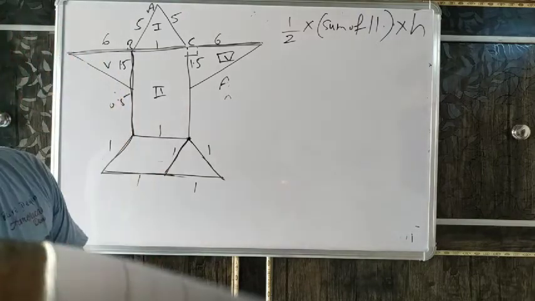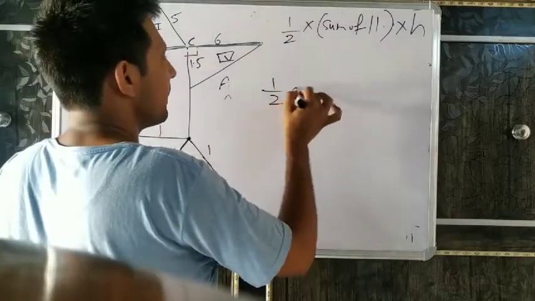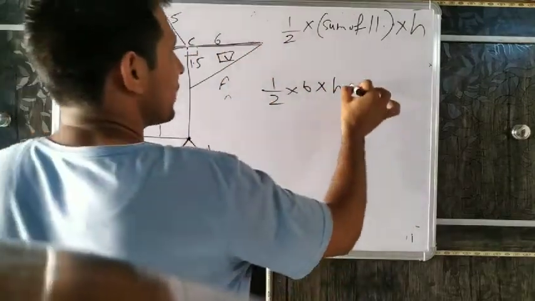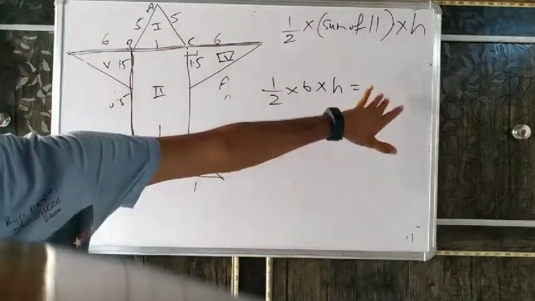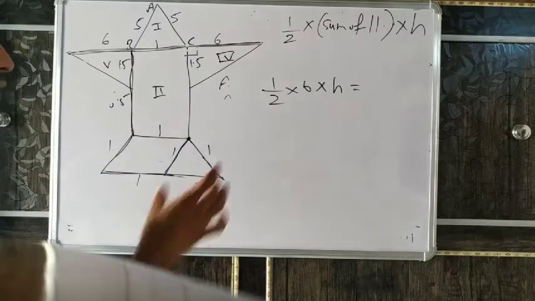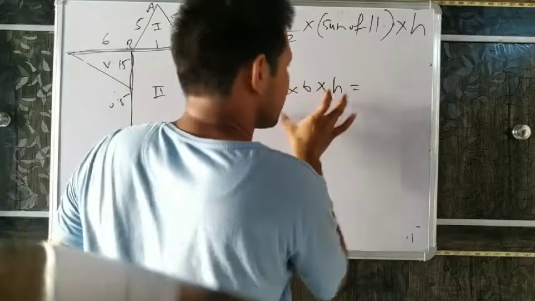Understand? So now we will find the area of a triangle. We can find it by two formulas: 1 by 2 base into height, and second by Hero's formula.